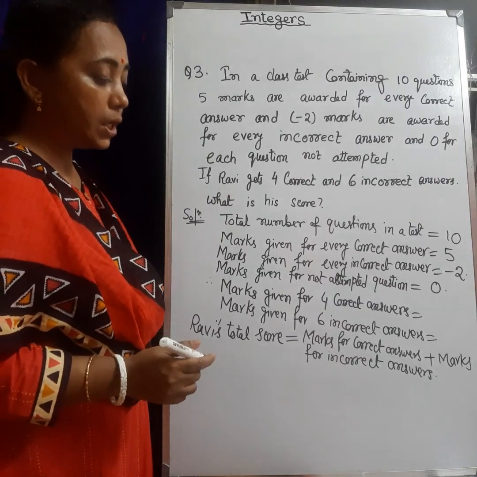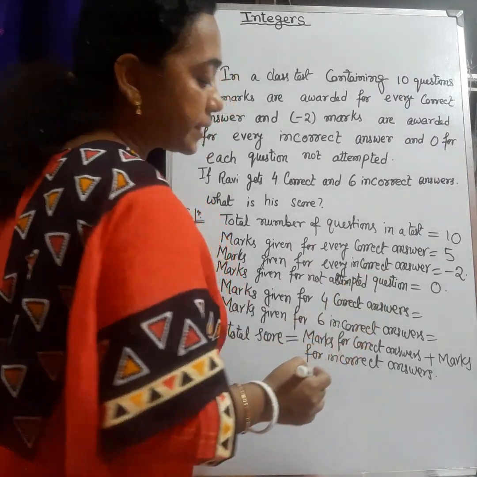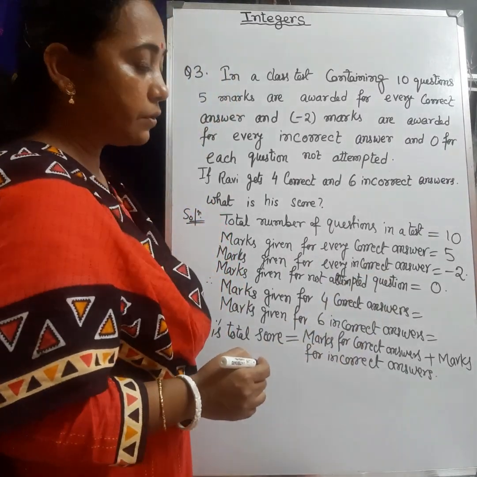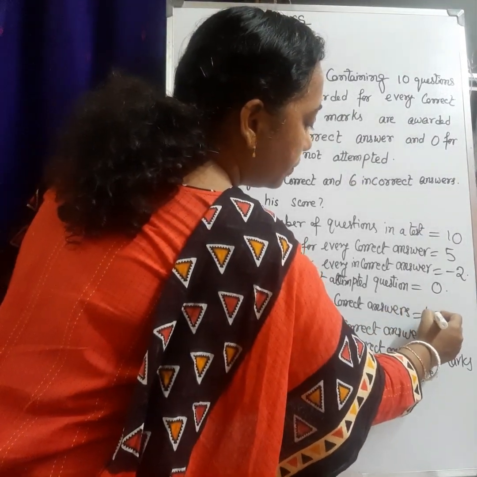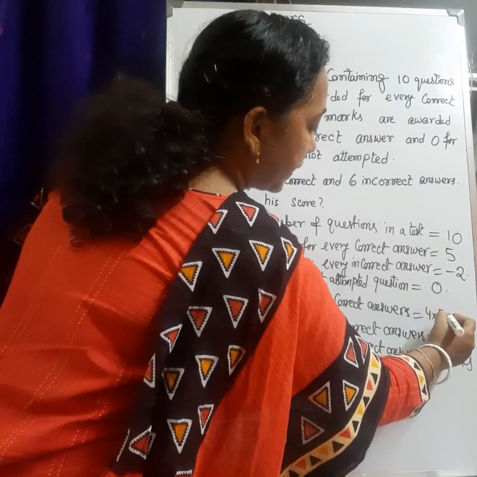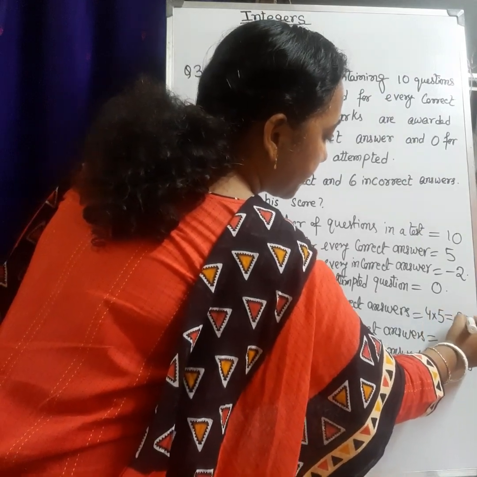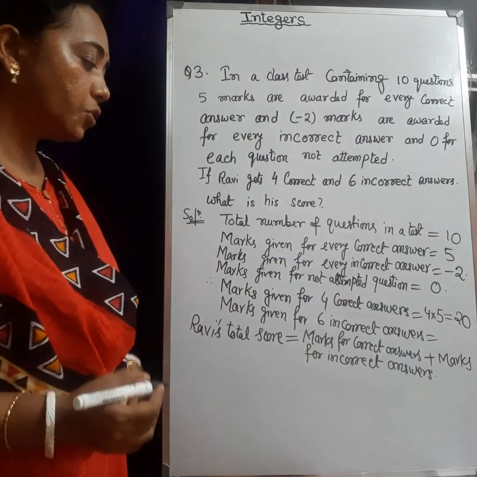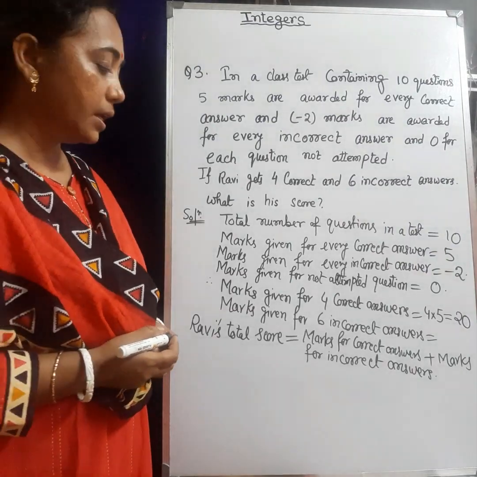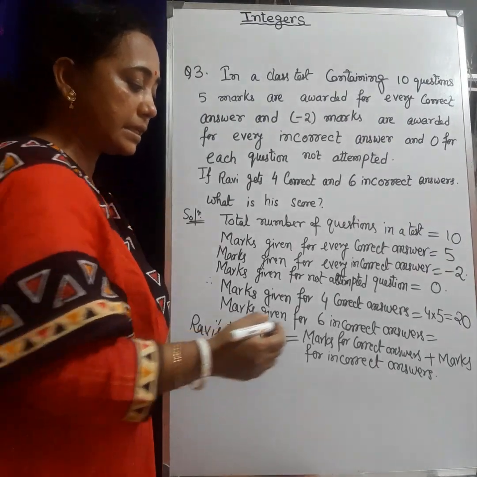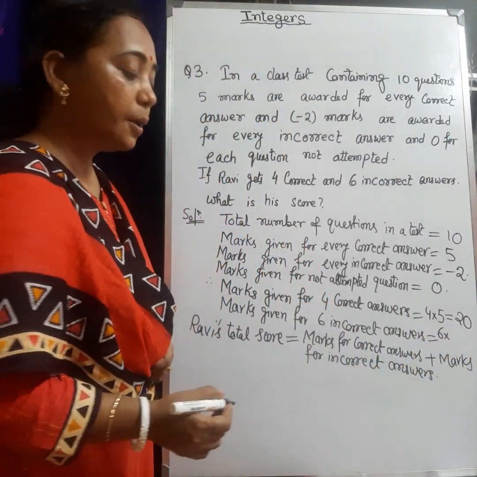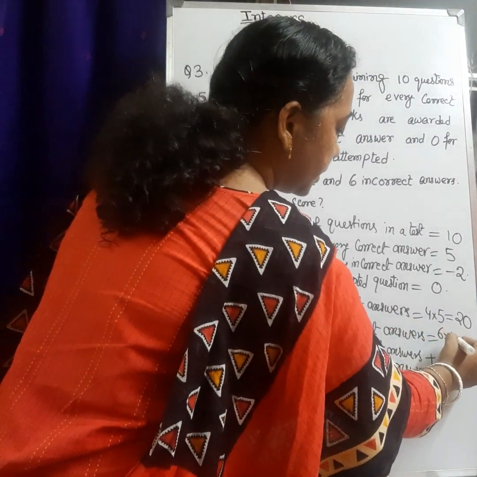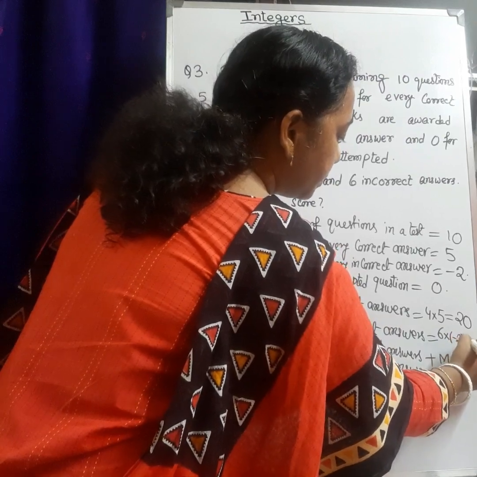So marks given for 4 correct answers, as Ravi gets 4 correct answers, will be equal to the product of 4 and 5, that is 20. Similarly, marks given for 6 incorrect answers, where the number of incorrect answers is 6 and marks given for each incorrect answer is -2, so 6 multiplied by -2 will be equal to -12.